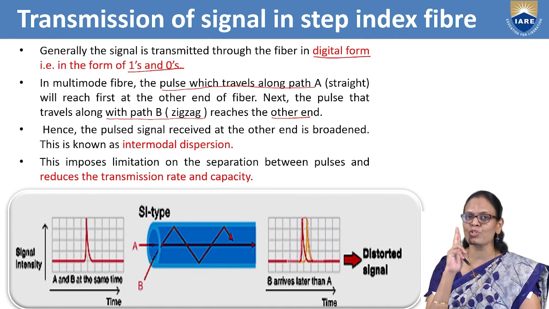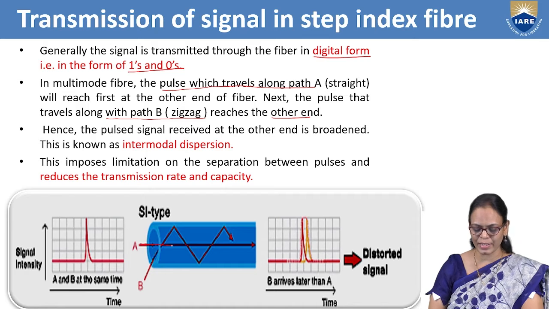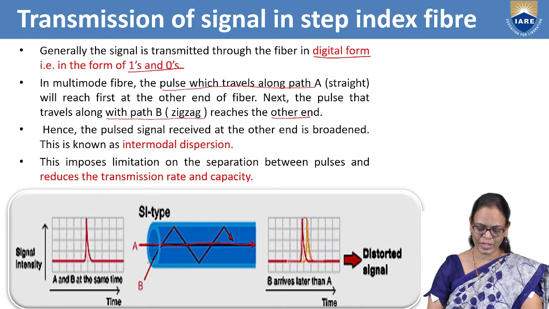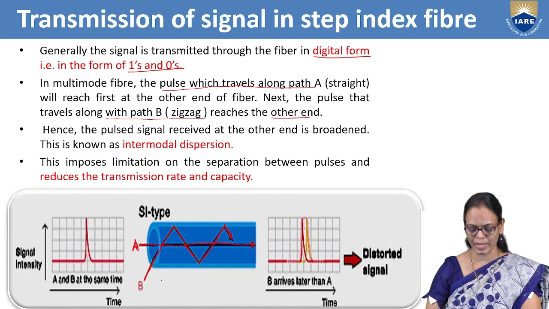So we are comparing two signals here. One signal travels along A, along a straight line. Another signal travels in a zigzag manner like this. This is signal A, going along a straight line, and this is signal B, going in a zigzag manner.